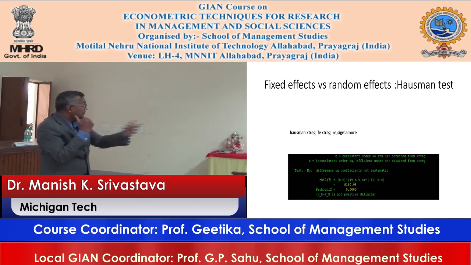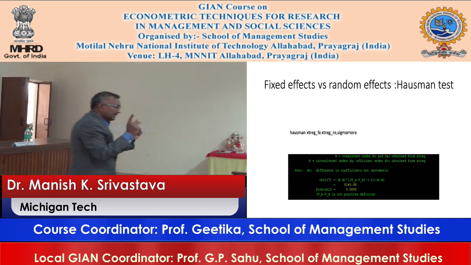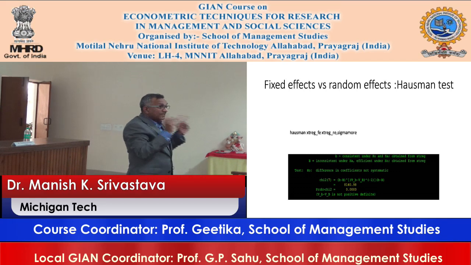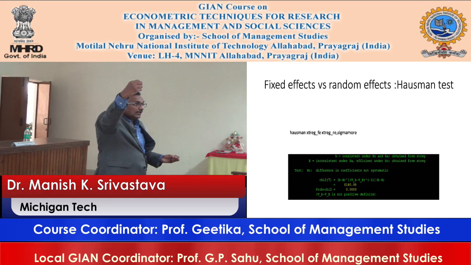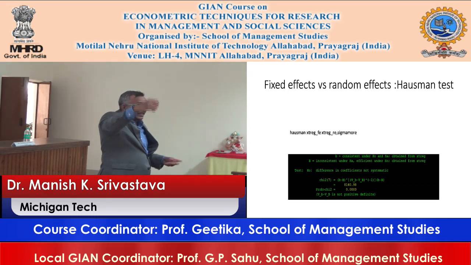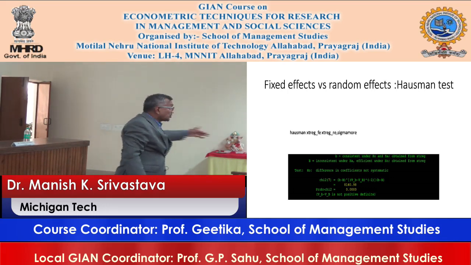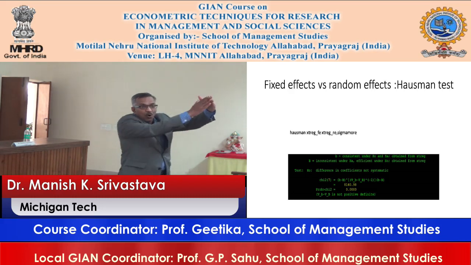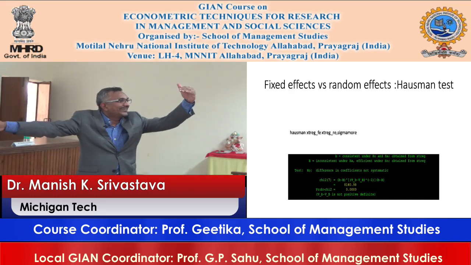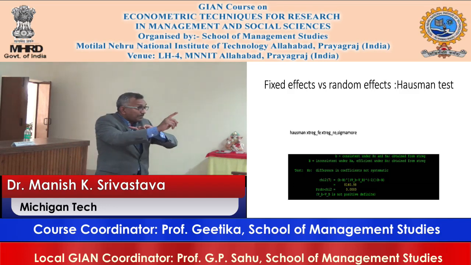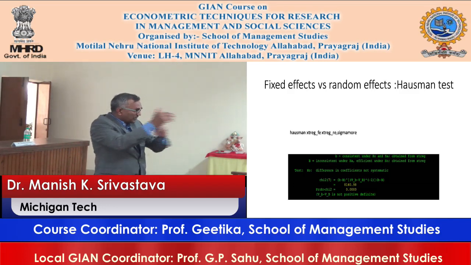You see the difference between those two? I'm looking at the size, okay? Firm size. As the firms become bigger, that's a fixed effect. If I say the larger the firm, the more or less will be something, okay? That's a random effect hypothesis. Do you follow the difference between these two?